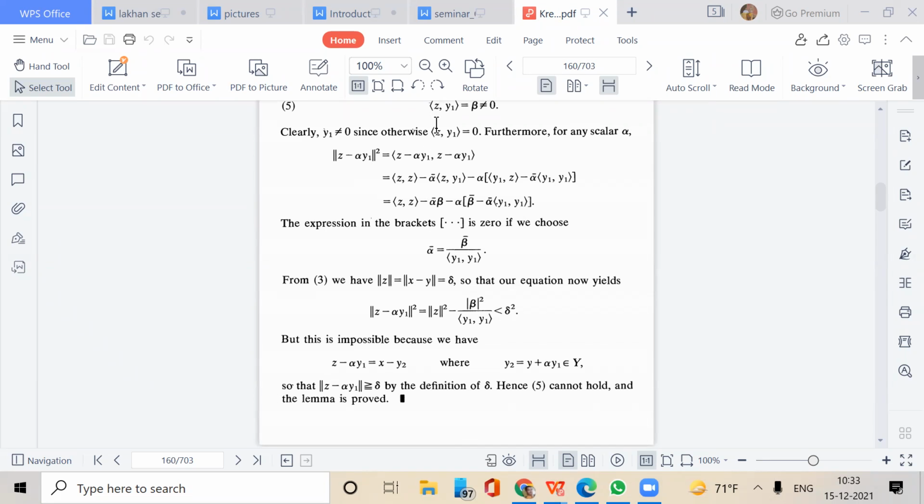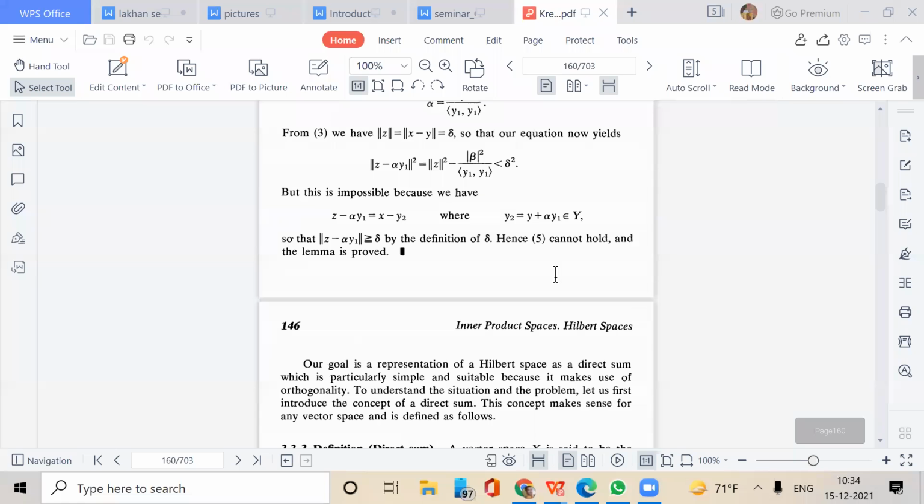Due to that wrong assumption, we got the third term in this step equal to 0. So by choosing the value of alpha bar, we finally got norm of z minus alpha y1 less than delta. But norm of z minus alpha y1 is greater than or equal to delta by definition of delta. This is a contradiction, so we can't assume the inner product of z comma y1 is not equal to 0.